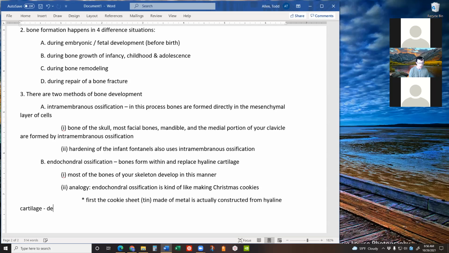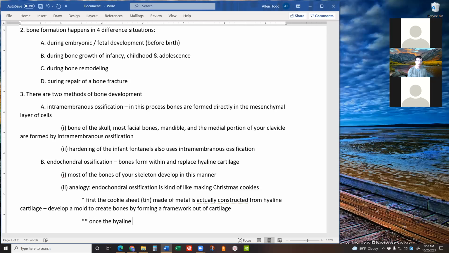You develop a mold to create bones by forming a framework out of cartilage. Next, that framework of cartilage is replaced with bone tissue, so-called osseous tissue.